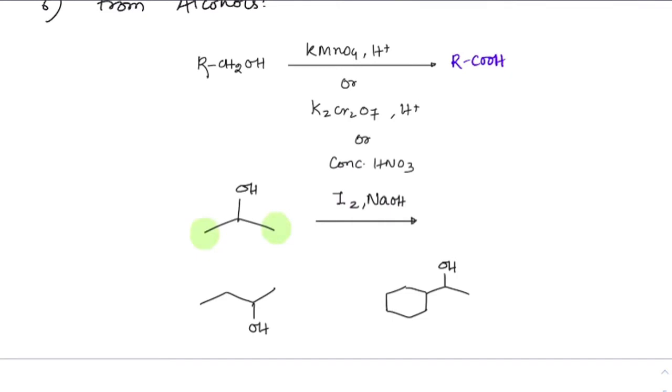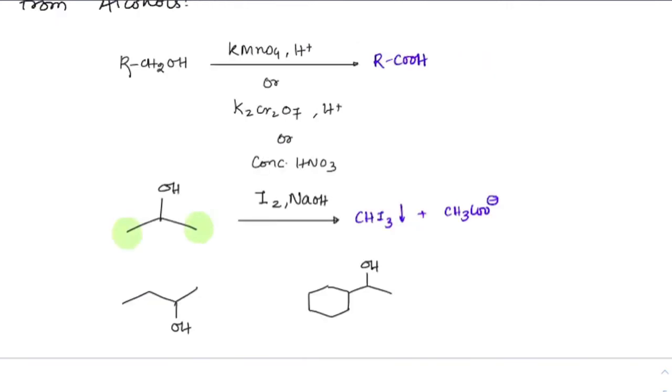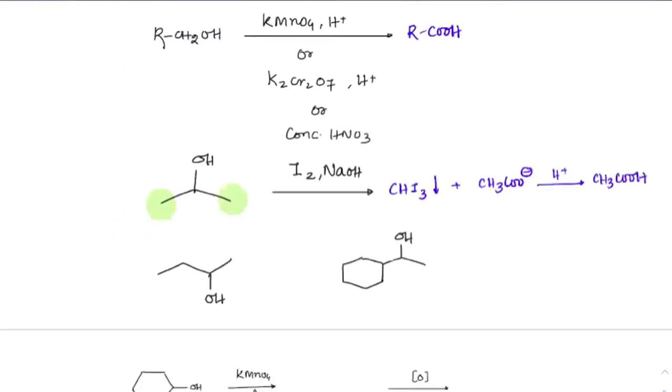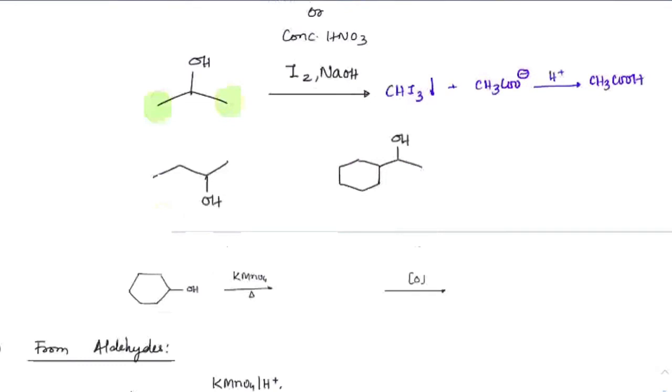If there is methyl present, we will have CHI3 iodoform forming, and it will form CH3COO minus, which on further hydrolysis we'll get as CH3COOH. That's how we can get the acids using the iodoform reaction. Got it?